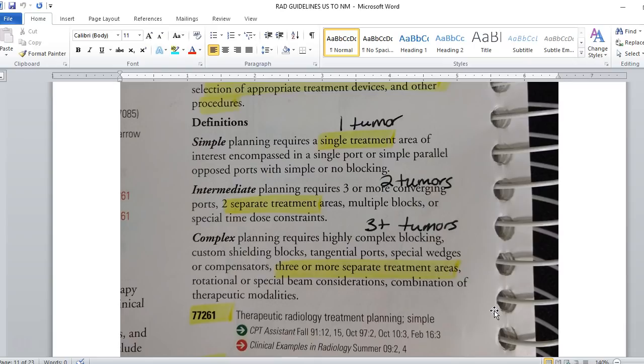Complex planning is 3 plus tumors, so 3 or more separate treatment areas. We also can use what they call rotational, special beam considerations, or a combination of therapeutic modalities. So again, when you have multiple tumors in your body, they're going to have to take into account, is it the same cancer, 2 different cancers, metastasis, not a metastasis, same organ, different organs.